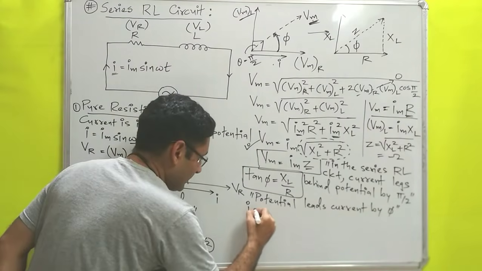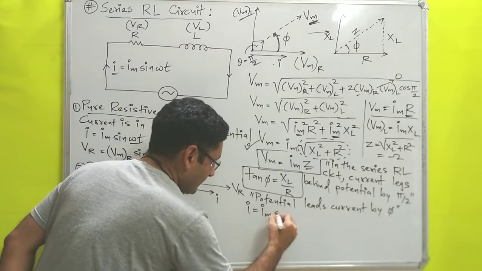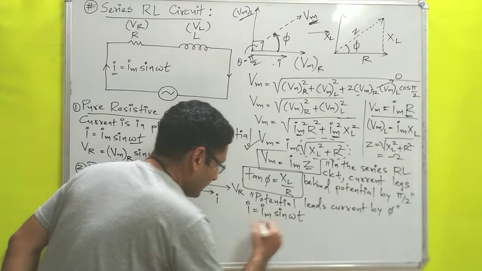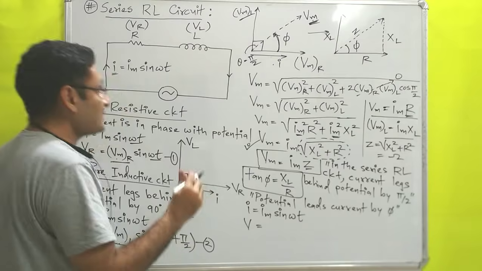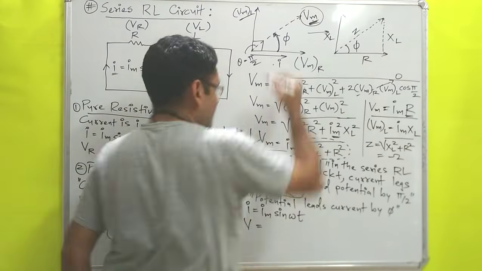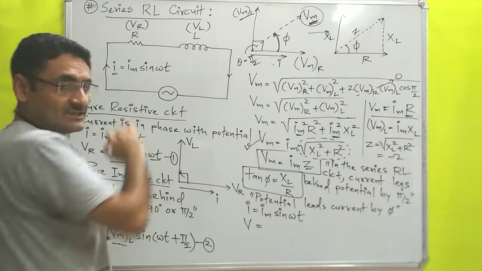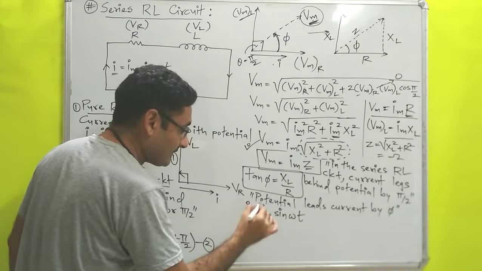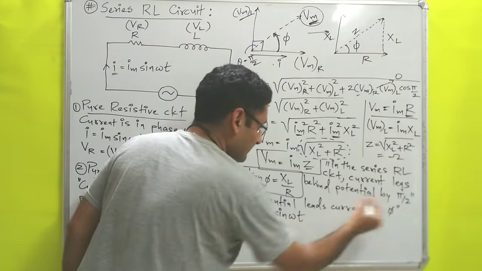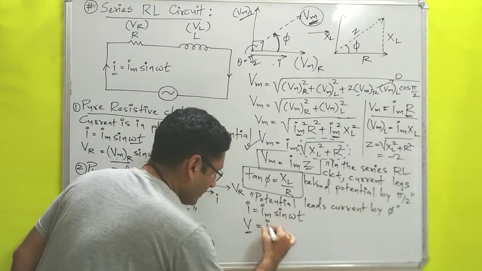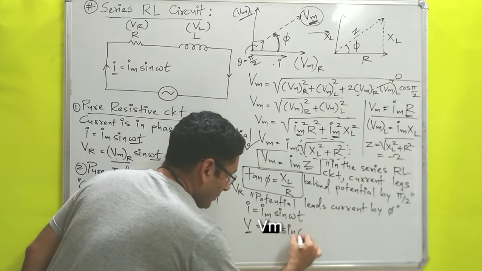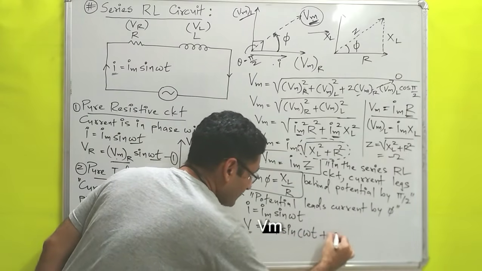So the equation of current, if I is equal to Im sine omega t, then the total potential for this combination will lead the current by phi. So the equation will be V = Vm sine of omega t plus phi.